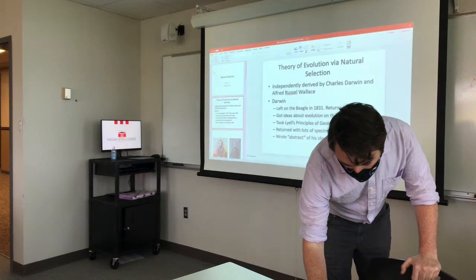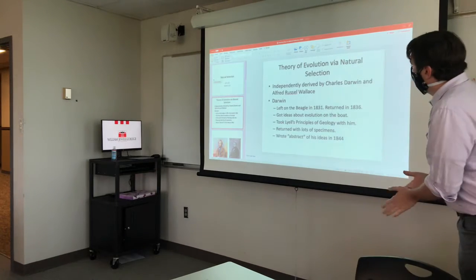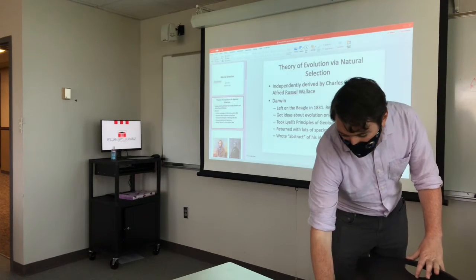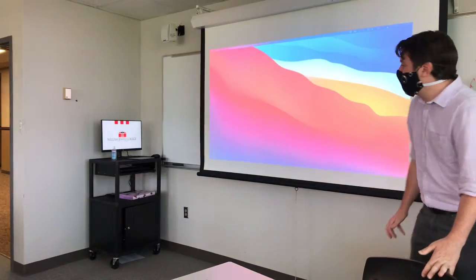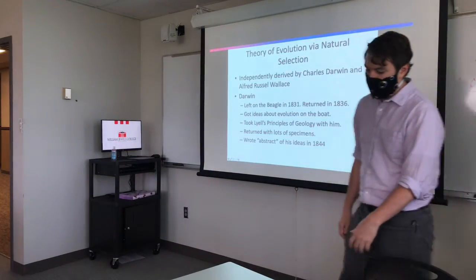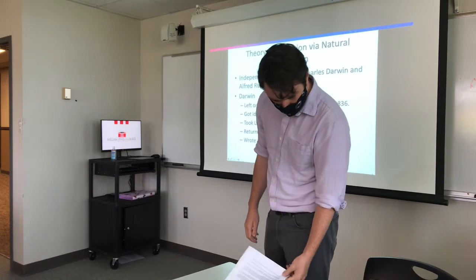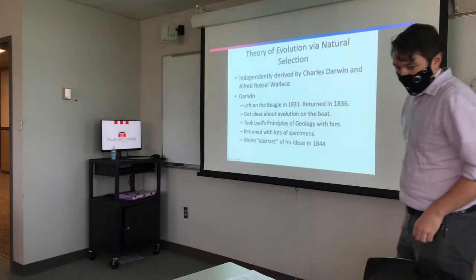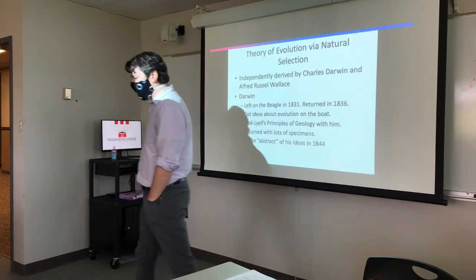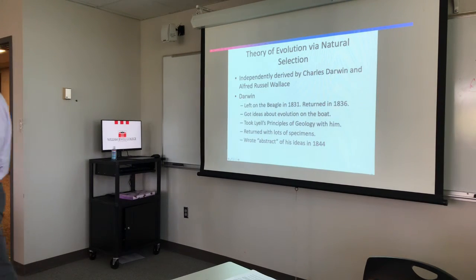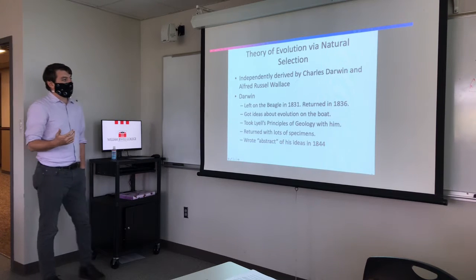So we've talked about natural selection a little bit already, and now I want to give you guys some background on it, sort of a history of science that I think you might find interesting. The theory of evolution by natural selection, and the idea that if those four premises are met, you will get descent with modification and you will get adaptation as a natural consequence, is generally attributed to two people.